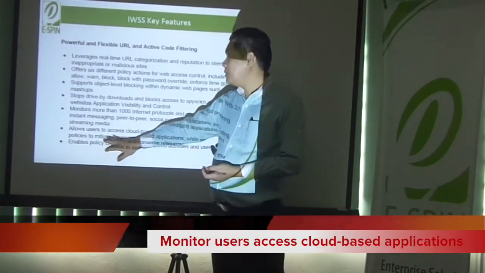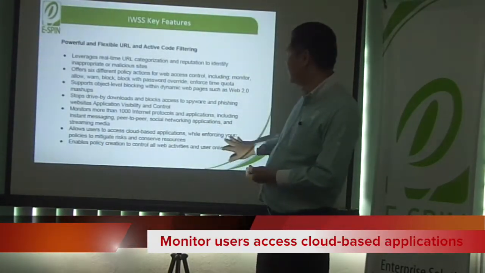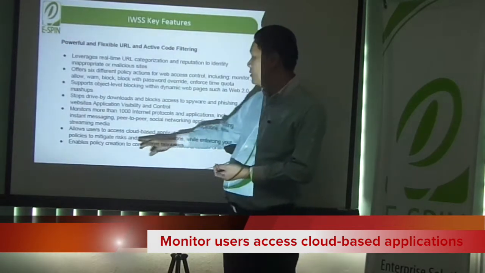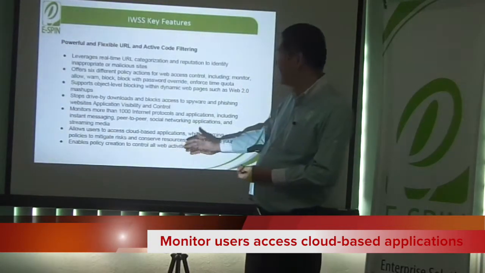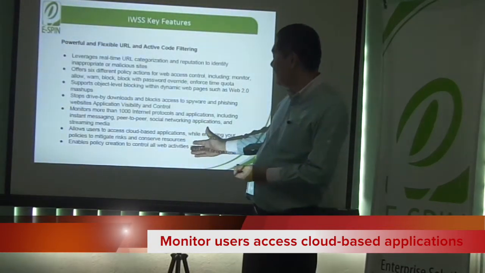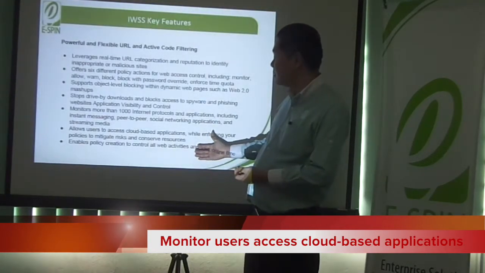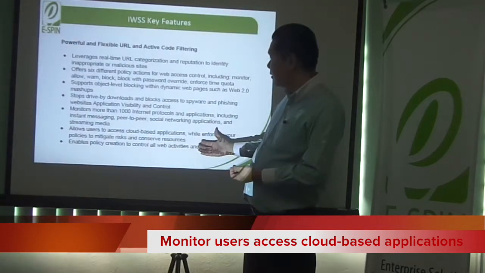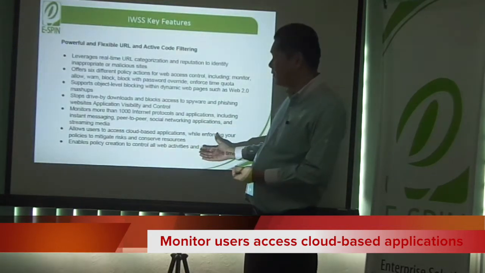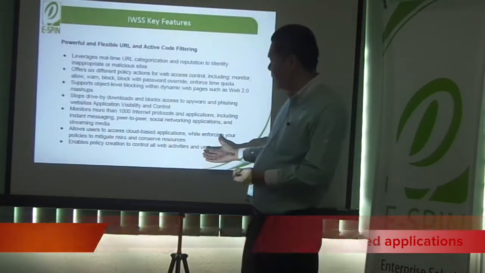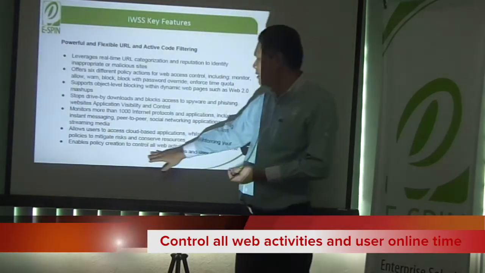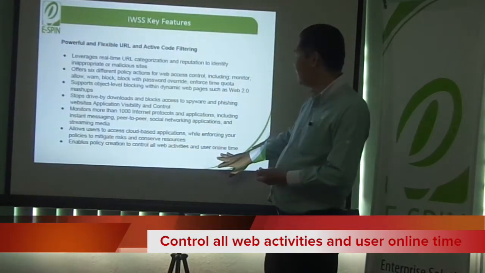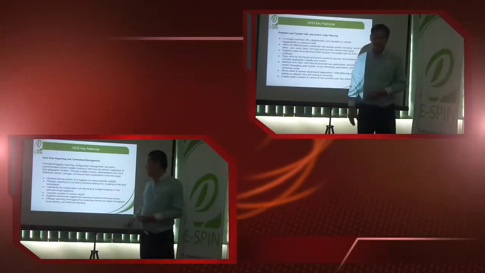So allow the user to access cloud-based applications while enforcing your policy to mitigate the risk and conserve resources, because let's say someone is using company resources for non-business activity, so the network bandwidth team will have an issue preserving that bandwidth for the business critical applications, right? So enable policy creation to control all web activity and user online time.